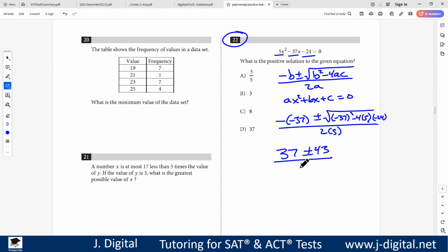That's going to be over 10. Then that's 37 plus 43 over 10, and 37 minus 43 over 10, which gives you 8 and negative 3/5 again. So again, the correct answer is 8. This is using the quadratic formula.